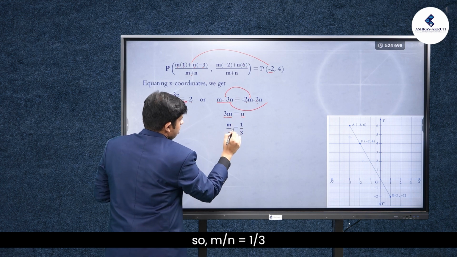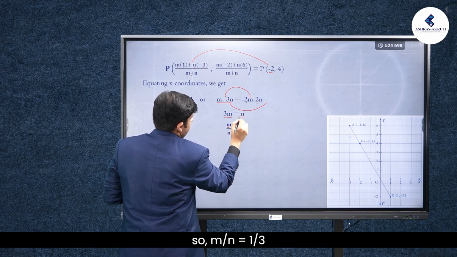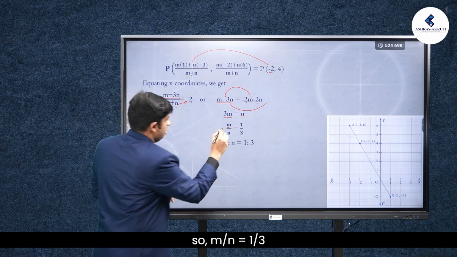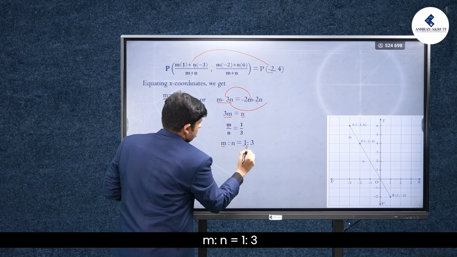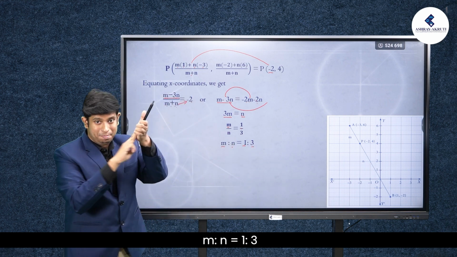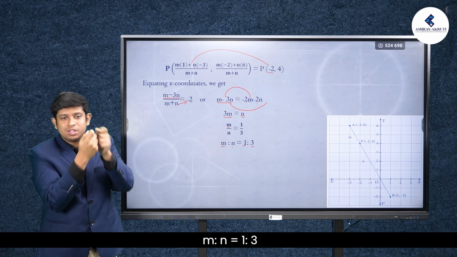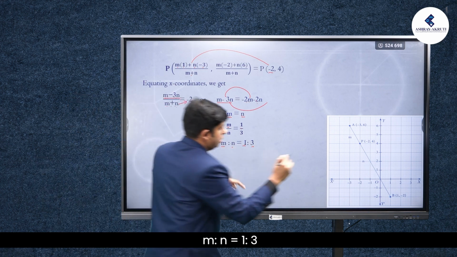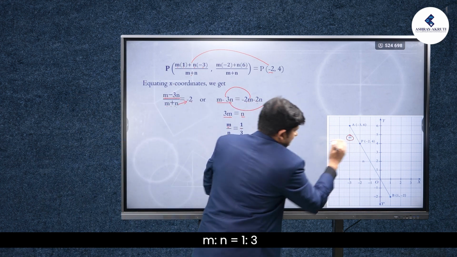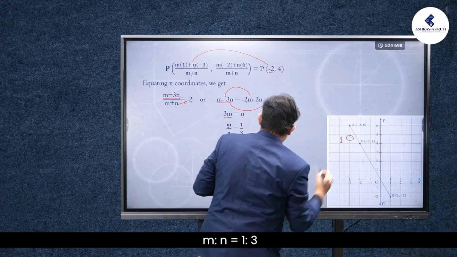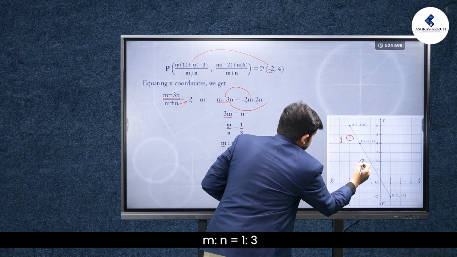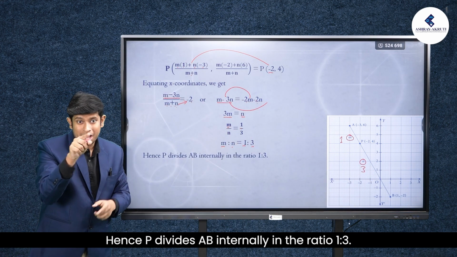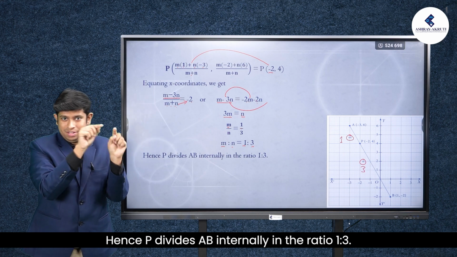So m by n is equal to 1 by 3. m is to n is equal to 1 is to 3. Hence, P divides AB internally in the ratio 1:3.